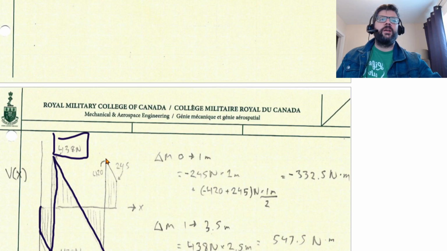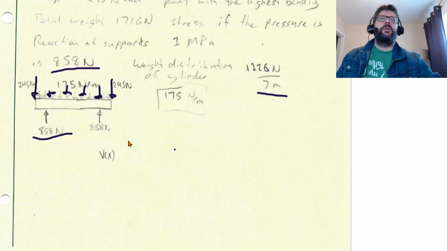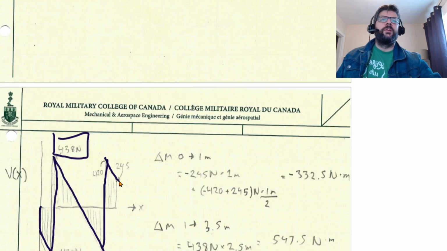Then we jump back up again, and that brings us back up to, shockingly, the same value that we were down here. So it is 420 newtons up here, and then we slant back down, and then we get to our 245 newtons. And then, once we apply that load, jump back down to 0.